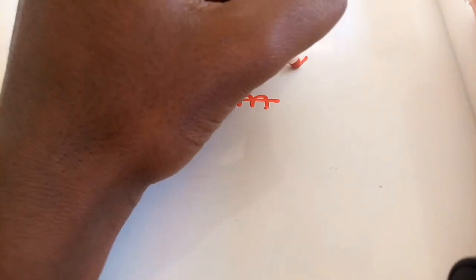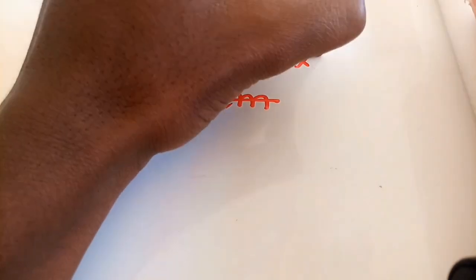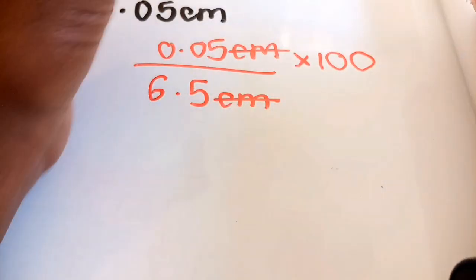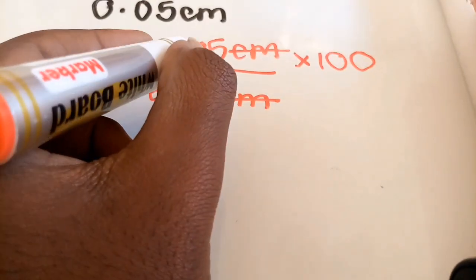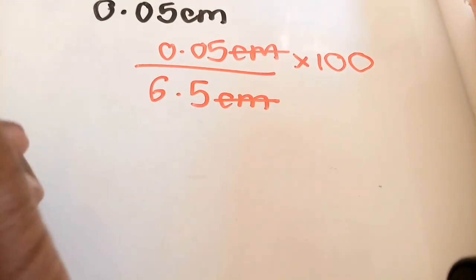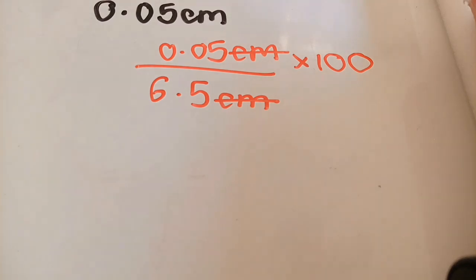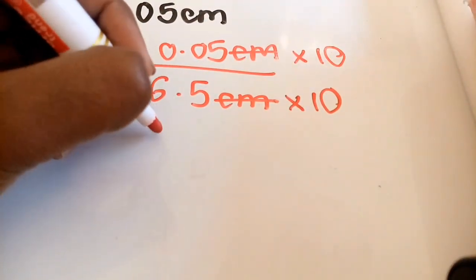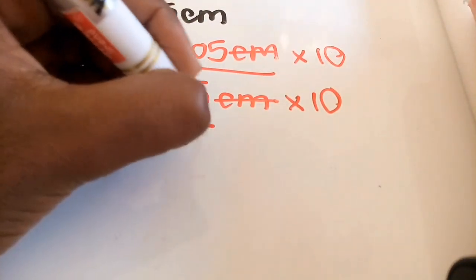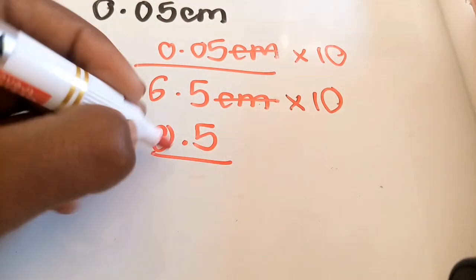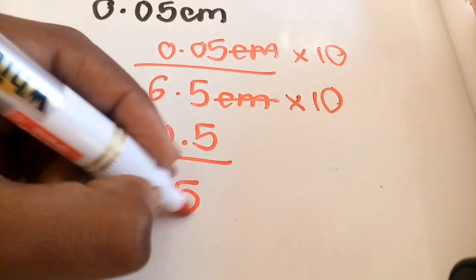Then we multiply the bottom part by 10, and also the top part by 10, and this would be 0.5 over 65.